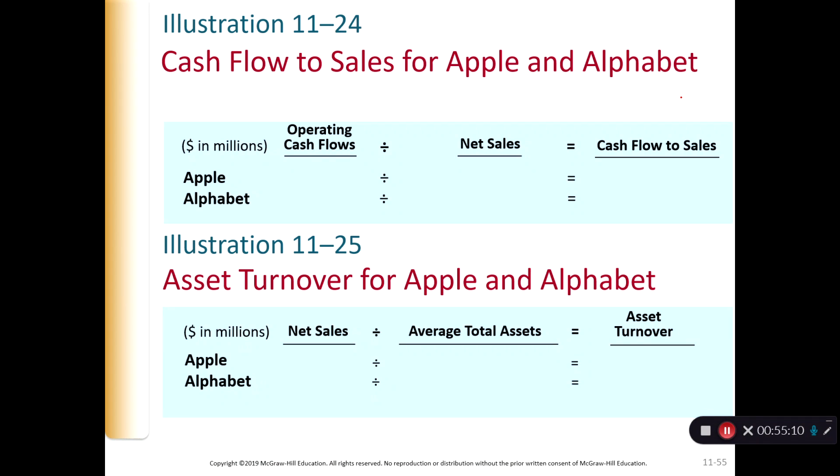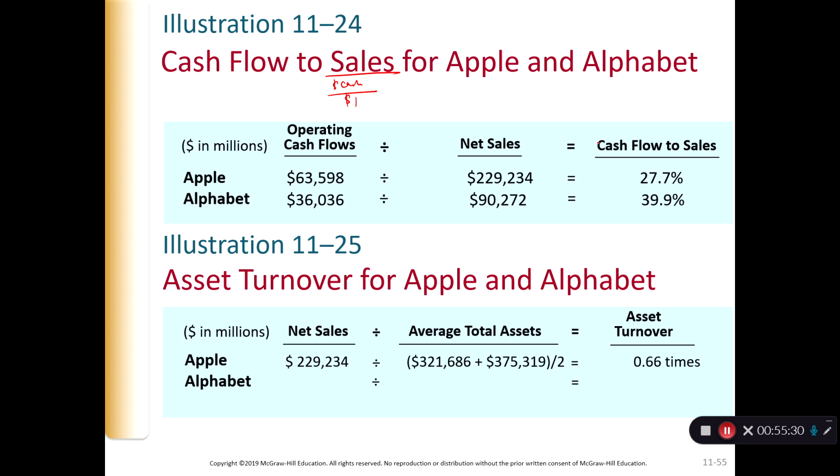So let's calculate it. Cash flow to sales for Apple means for $1 of sales, how much cash I can generate. Basically it's 27.7% for Apple and 39.9% for Alphabet, equal to operating cash flow divided by net sales, right? Okay.